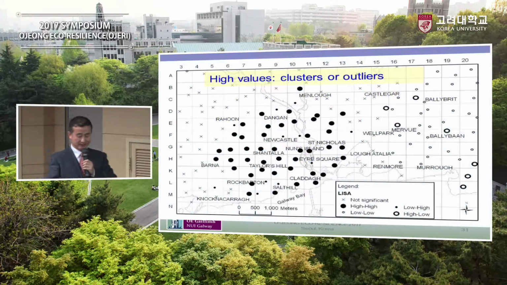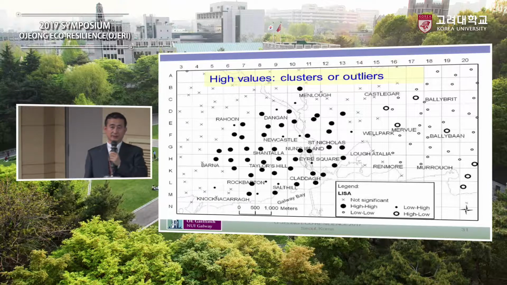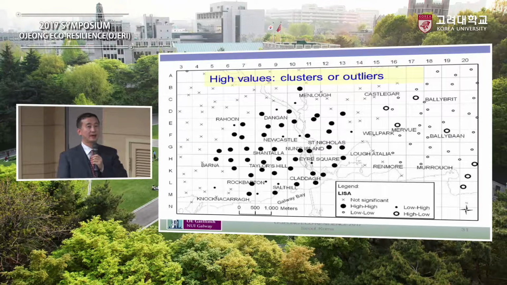After that, we're able to see them on the map. So we get high-value clusters in the urban area, and low-value clusters in the suburban area. And also we identify some of those outliers. So this method helps us to identify those spatially significant outliers and clusters. That helps us to identify those environmental features.